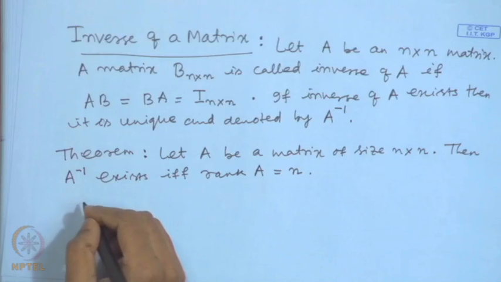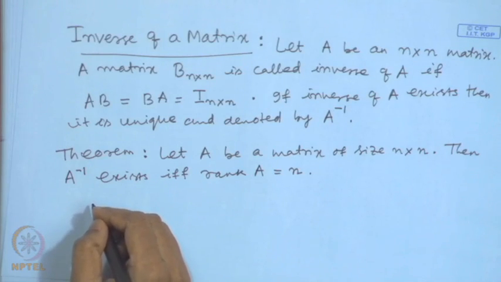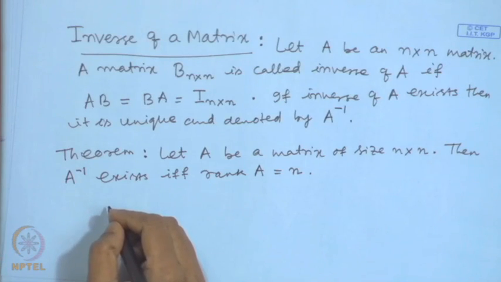Here we give a method to find the inverse of a matrix, and that very famous method is called the Gauss-Jordan elimination method.